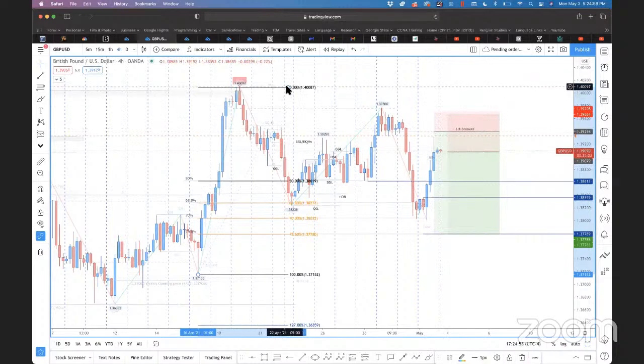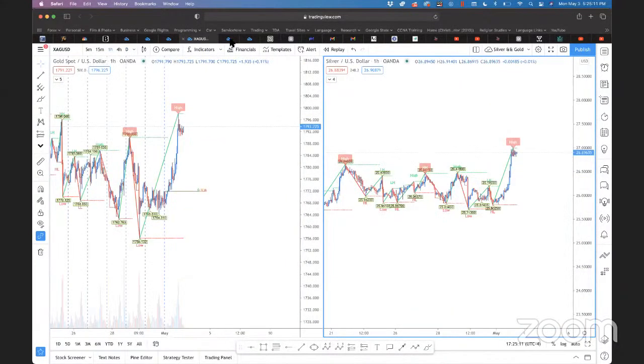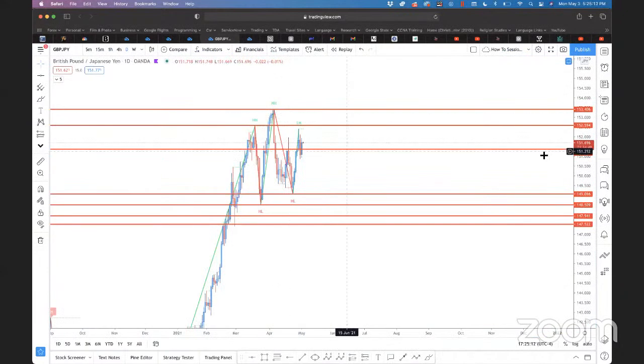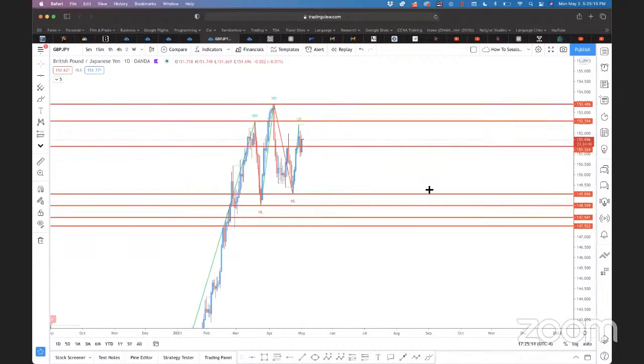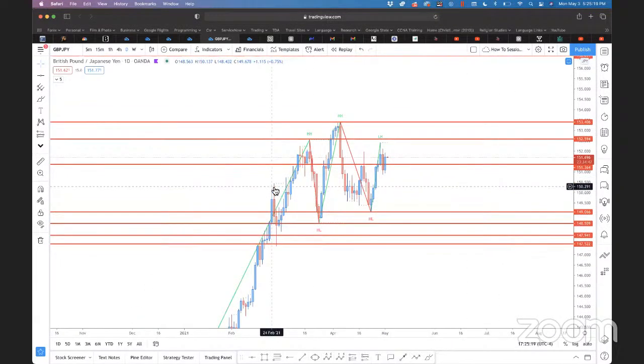So what I do is I look for those things to find where my trades are. I go onto the higher time frame, and in this case what I'm looking for is a daily order block, which this series of down candles right here is one, and then we have one right here, right?